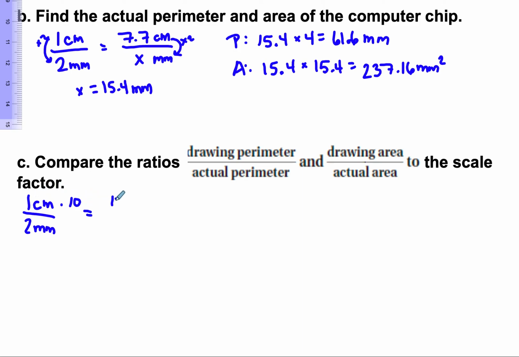So that would give me 10 millimeters over 2 millimeters. My labels cancel out. When I do 10 divided by 2, I get 5, or 5 over 1. Is our scale factor.